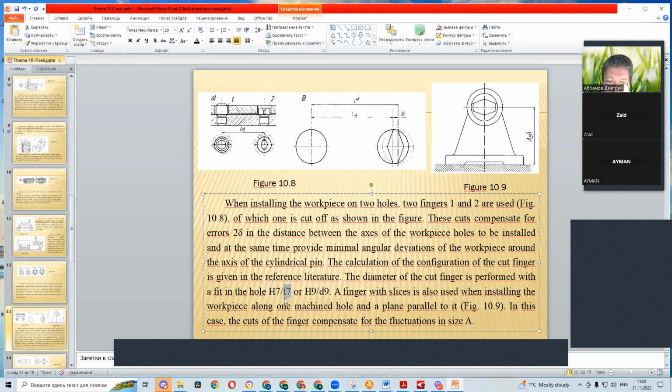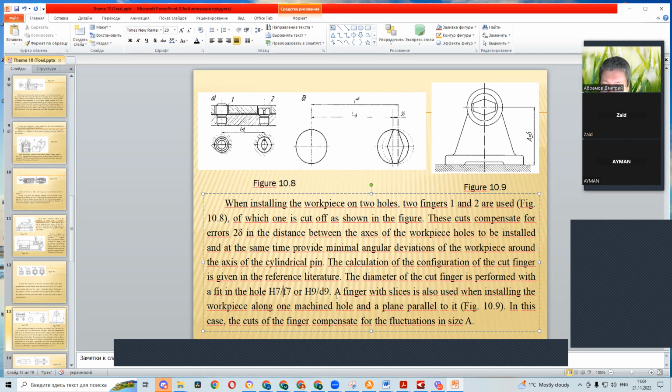Under the line we use a small letter, it's the parameter of the shaft. Or H9 by d9.